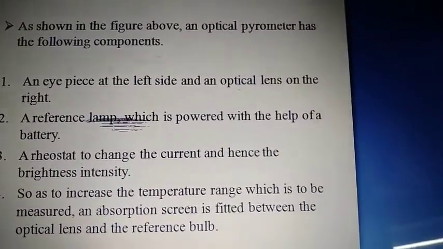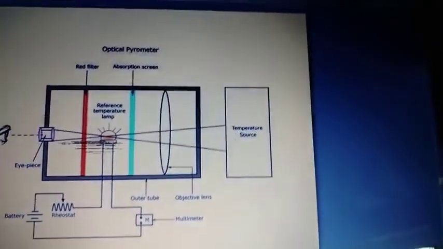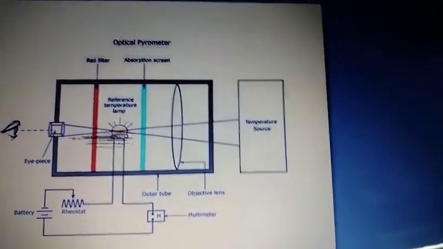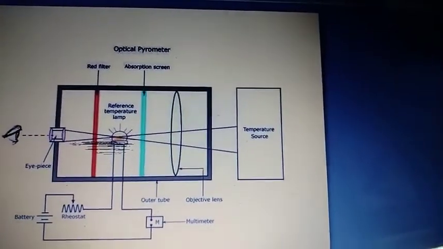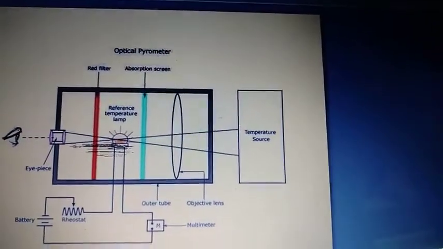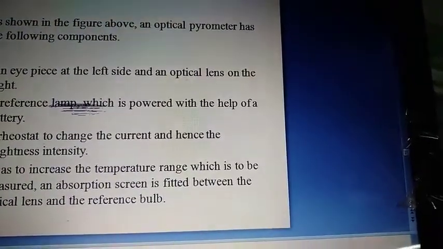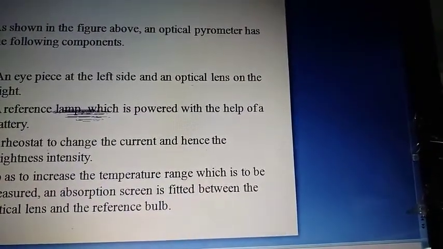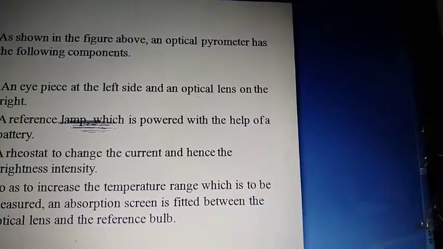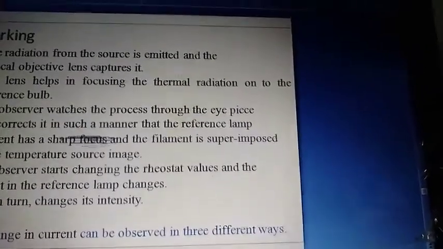There are two filters: one is an absorption filter, the other one is a red filter. The red filter passes red light to the observer, and the screen is fitted between the optical lens and reference bulb to observe the heat radiation from the heating source.